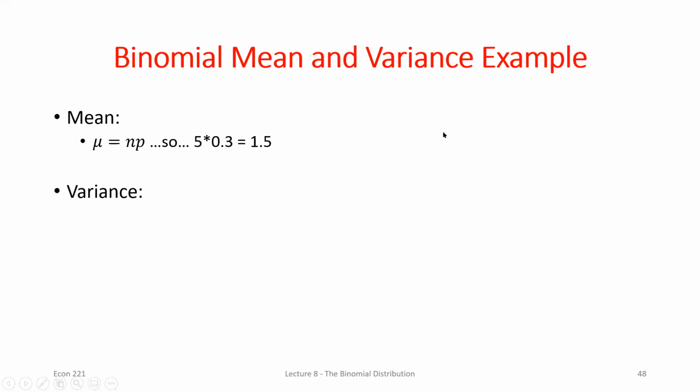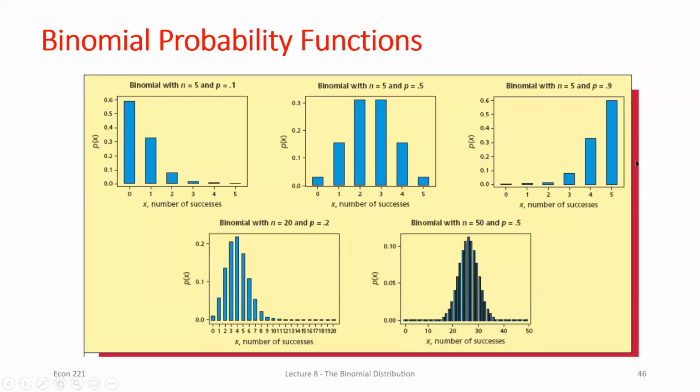Okay. So the thing I skipped, I want to try to give a little more insight into what's going on with the distributions of a binomial variable. So notice when I have a probability of 0.5, what would my mean be here? 5 times 0.5, or 2.5. So if the mean or the expected value is 2.5, the most likely outcomes would be 2 and 3.